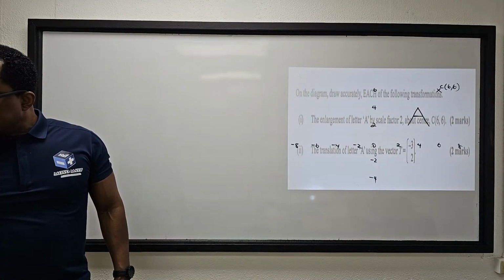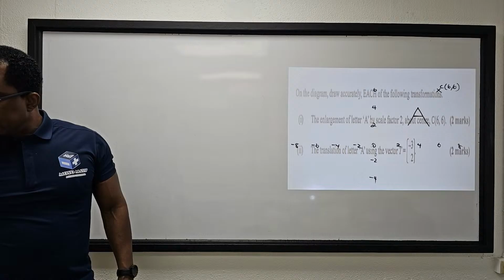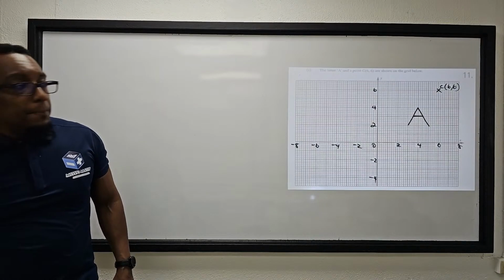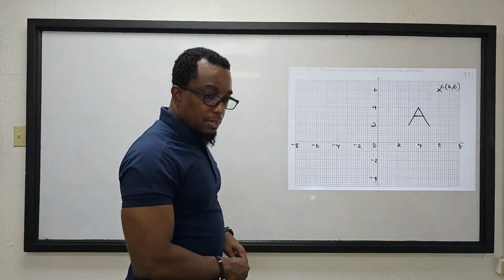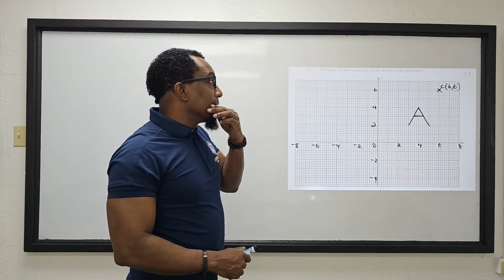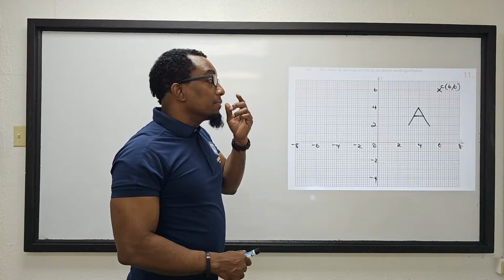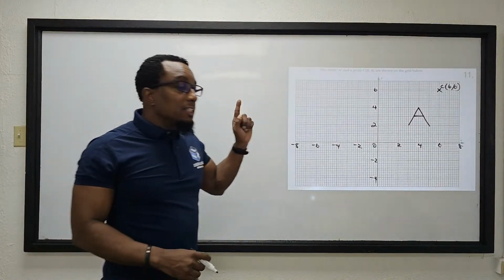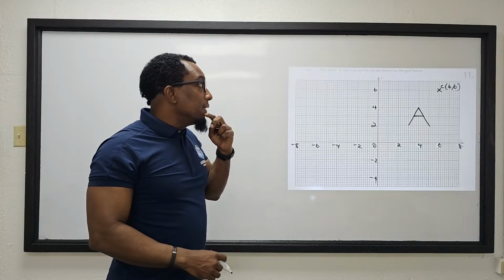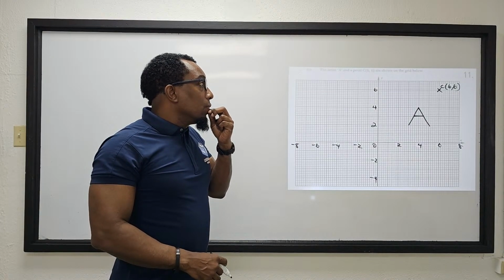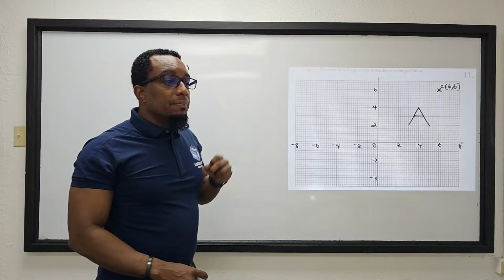The enlargement of letter A by scale factor 2 about the center 6, 6. So an enlargement of A, of scale factor 2. So you want us to draw an enlargement of A. So that's A there, capital A, whose center is 6, 6 and scale factor 2.